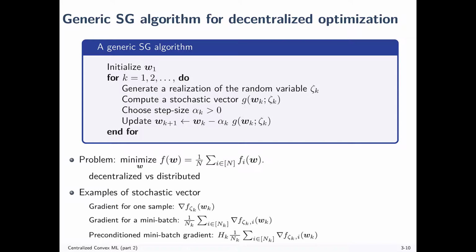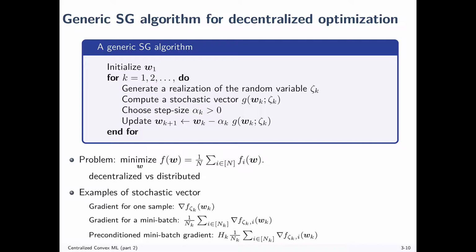Here you can see a very generic stochastic gradient form for decentralized optimization. We will initialize W1, and for the sake of mathematical analysis, we know that W1 should be within some bound R of the optimal solution. That R could be very large, but we know it's within some bound.